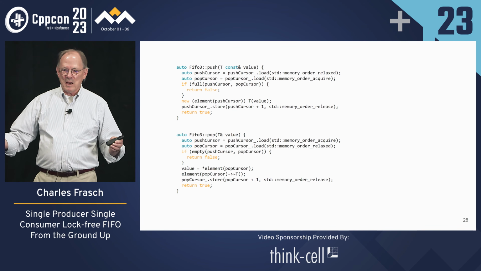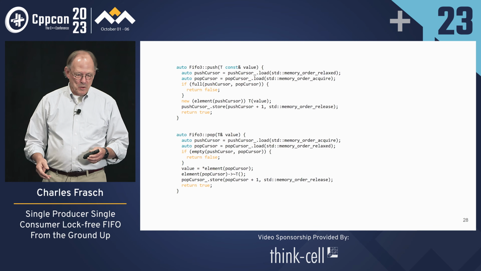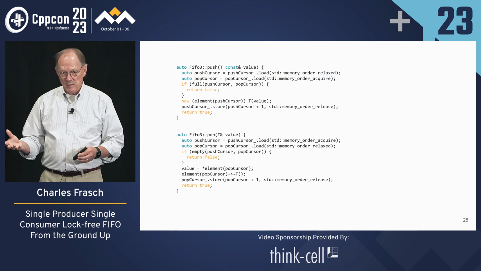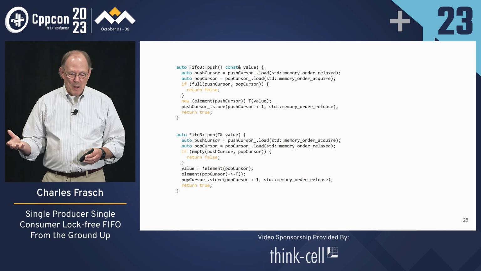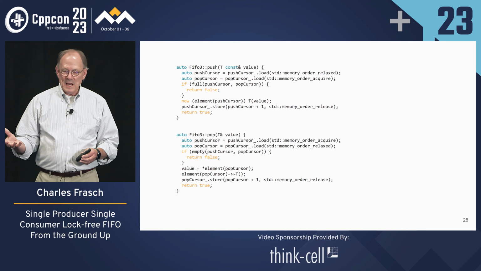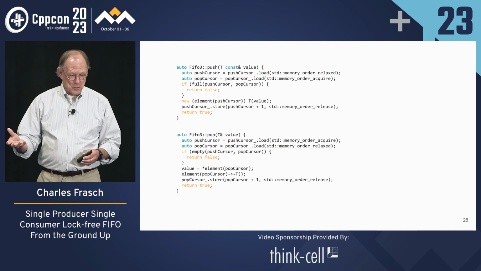It doesn't carry any memory consistency things with it at all. Pop cursor, on the other hand, we saw from the other diagram that when we loaded the pop cursor to decide whether the FIFO was full, we wanted that load operation to carry an acquire constraint.